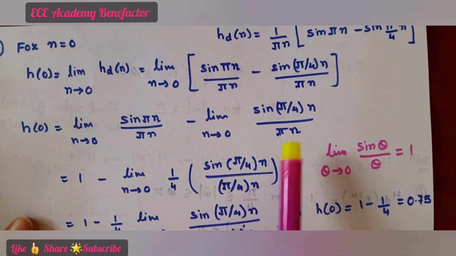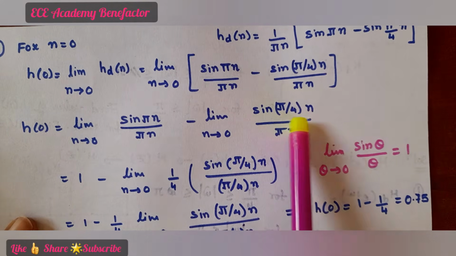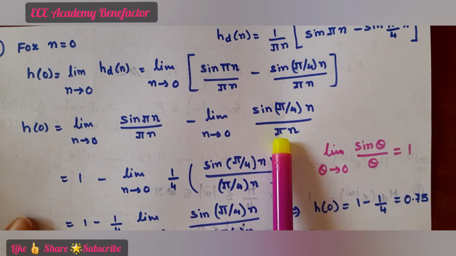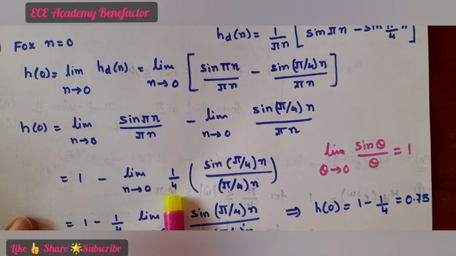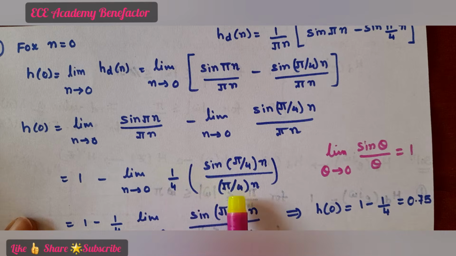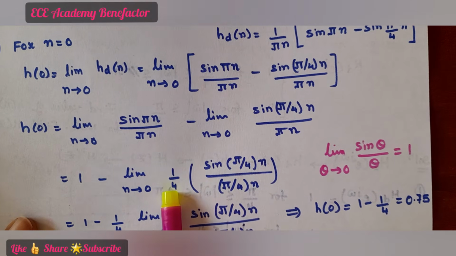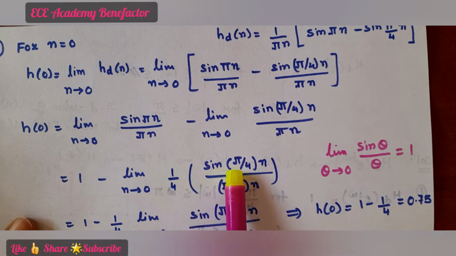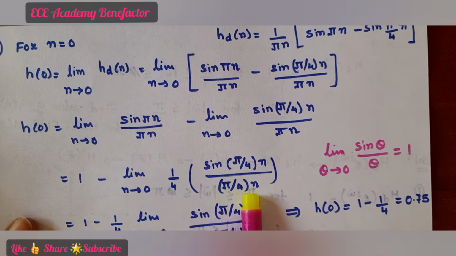Now, to make this term sin theta by theta form, multiply and divide by 4. So, I am getting here 1 by 4 sin pi by 4 n by pi by 4 of n.